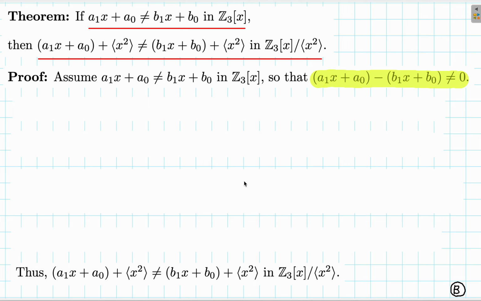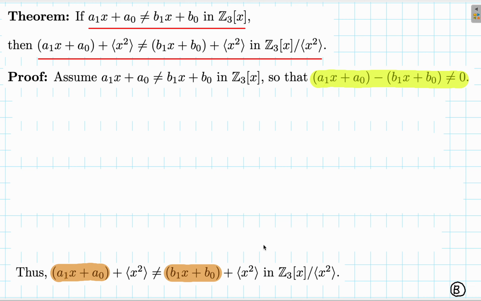To help us think about how to proceed with this proof, let's take a look at the last line, our goal. Now we wish to show that these two cosets are not equal to each other. And one way of showing that is to show that the difference of their coset representatives is not contained in bracket x squared.